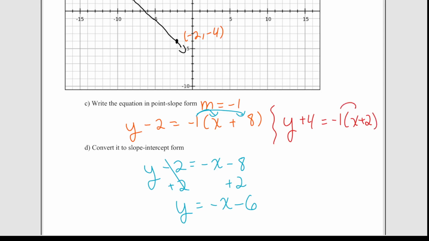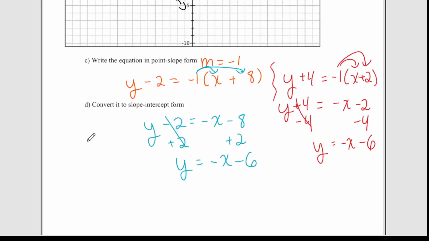And then again, to convert, you would still distribute. Negative 1 times x gets you negative x. Negative 1 times 2 gets you minus 2. And then if you were to do one more step to get y by itself, subtract 4, you would still equivalently get y equals negative x minus 6. And the fact that we got the same answer 2 different ways tells me that we did the equation correctly.